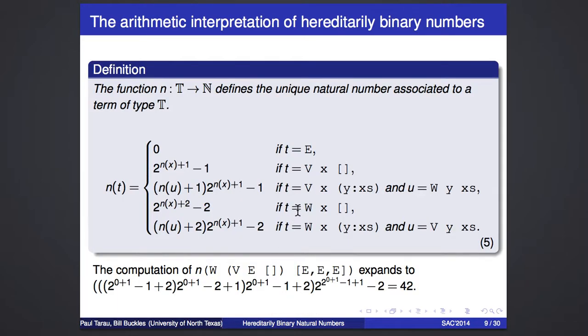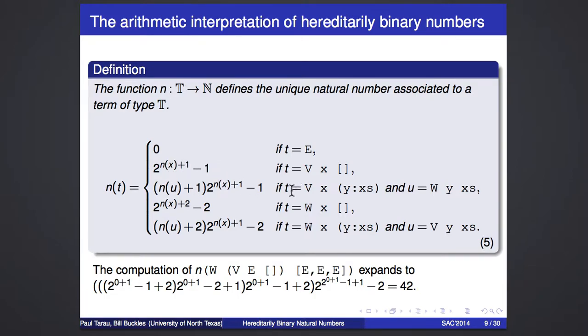If we put this all together into a closed formula, we get a function from trees of type T to natural numbers that goes by case analysis. So it is 0 if the argument is equal to the empty leaf. If the argument is a constructor of type V, and then nothing after that except one other object, then it would be 2 to the n x plus 1 minus 1.